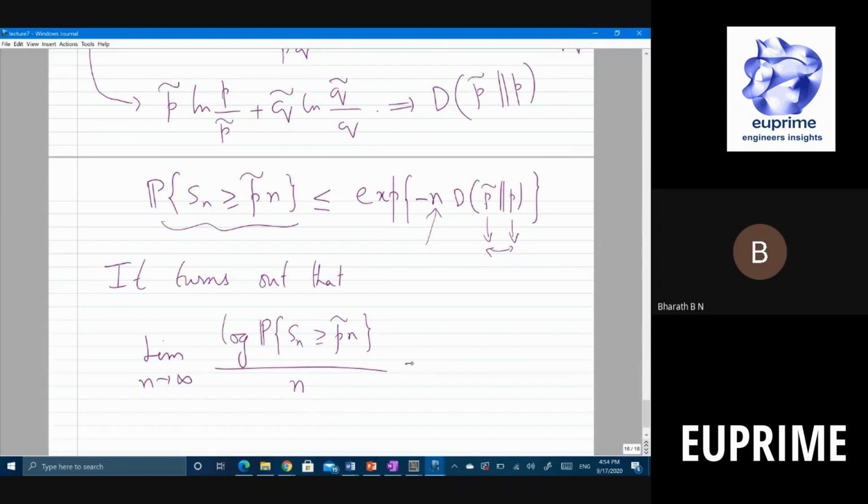It turns out that this is nothing but the negative of the Kullback-Leibler distance between the two, where p tilde is greater than p. So that means the exponent of this probability is the Kullback-Leibler distance. That means you have to prove an upper and a lower bound to show this. Both exponentially fall down to 0 with the rate given by the Kullback-Leibler distance. Is that okay?